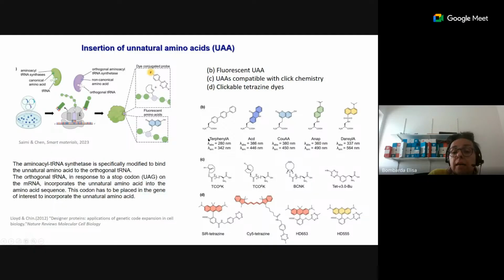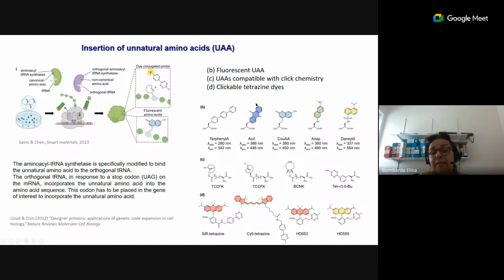So here there are examples of amino acids that, in this case, are not even amino acids with the fluorophore on the side chain. These are practically fluorophores where the fluorophore is the side chain. So they have the amino acid structure, amino and carboxyl group.